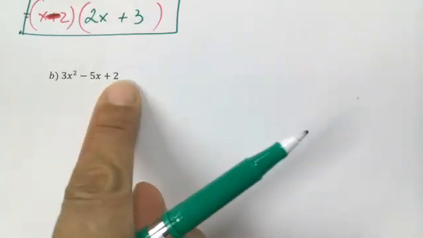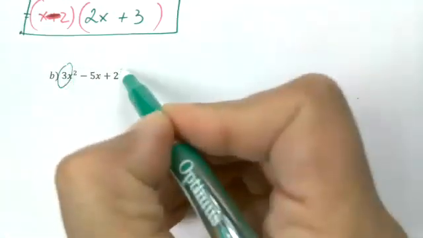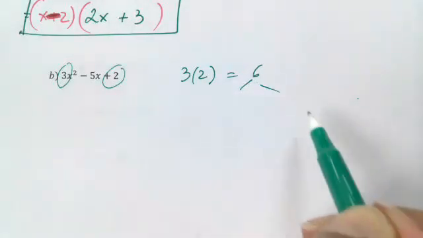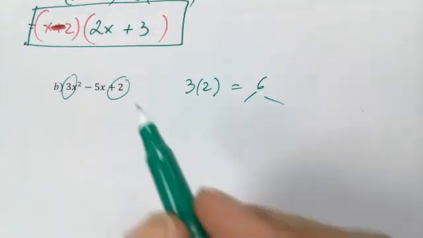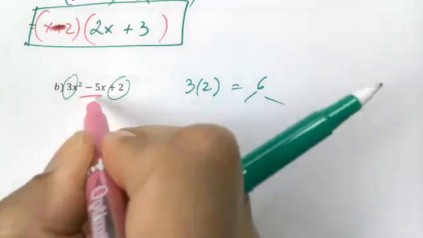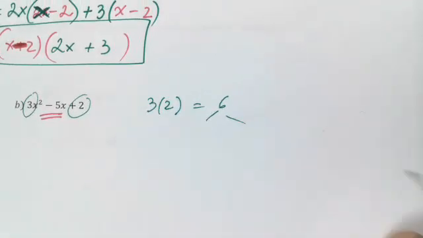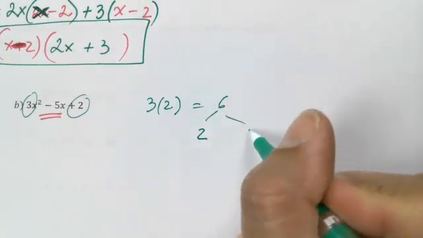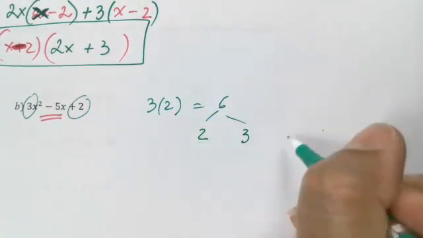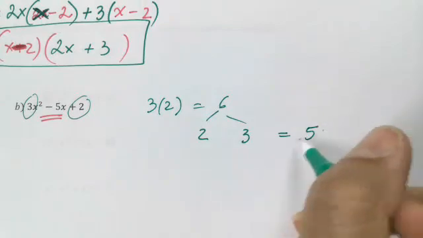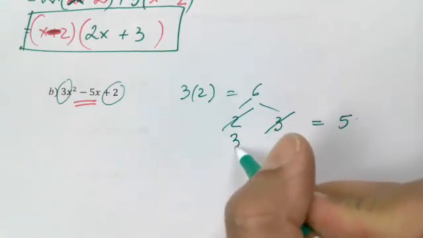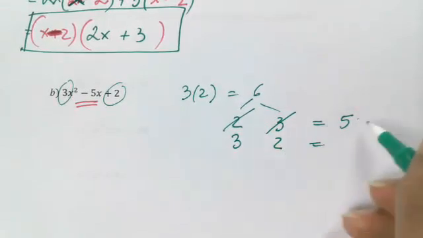3 and then 2. We take these two. 3 times 2 is 6. We need 2 factors of 6 that add up to -5. So let's try. 2 and 3. It's 5. No good. 3 and 2. 3 plus 2 is 5.